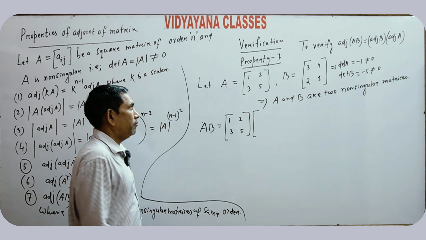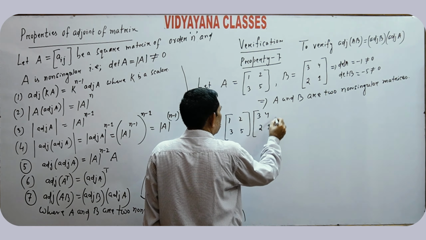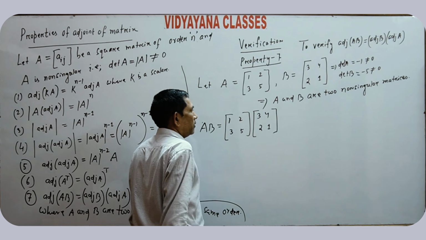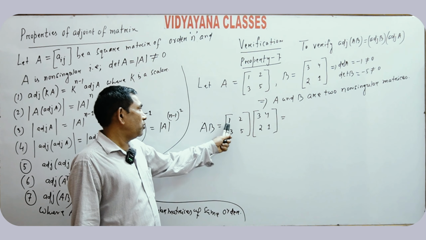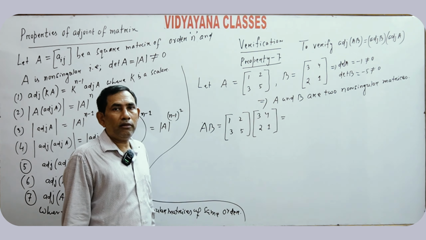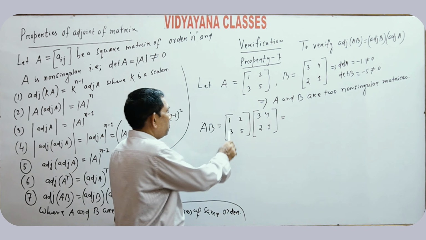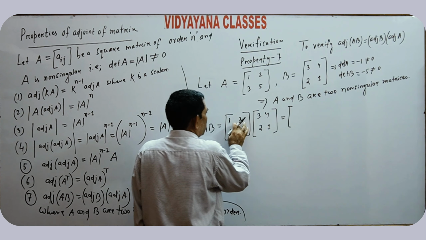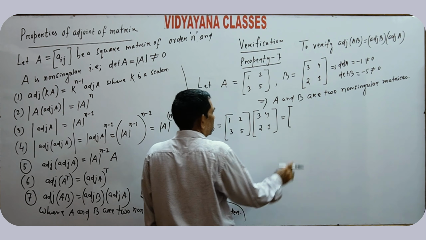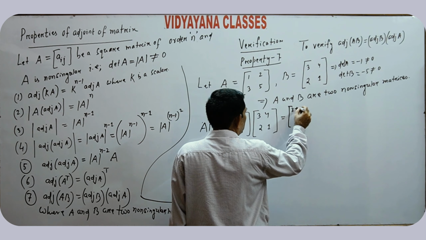B is 3, 4, 2, 1. By the multiplication rule, go through row 1, come down in column 1, multiply the corresponding elements and add them. 1 into 3, that is 3. 2 into 2, that is 4. So 3 plus 4.